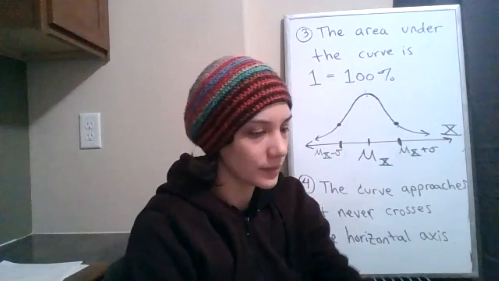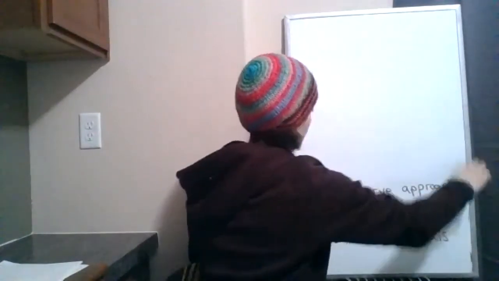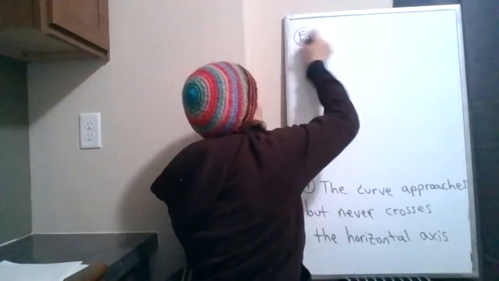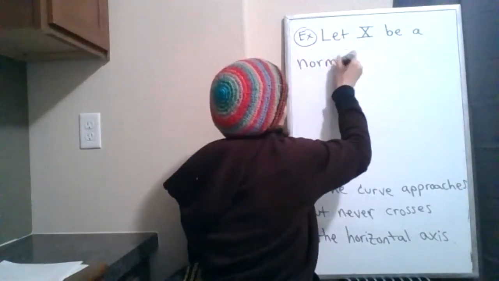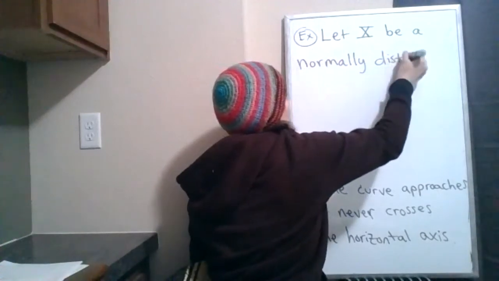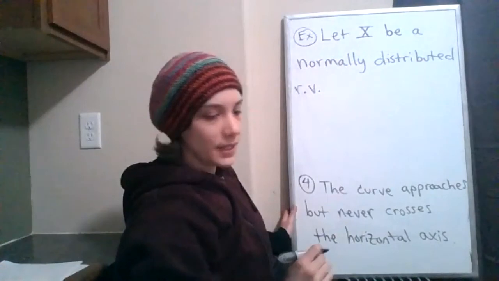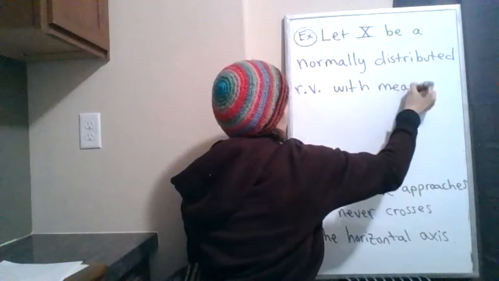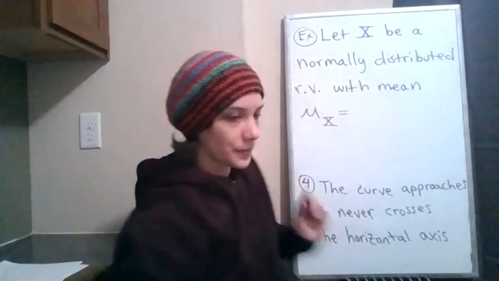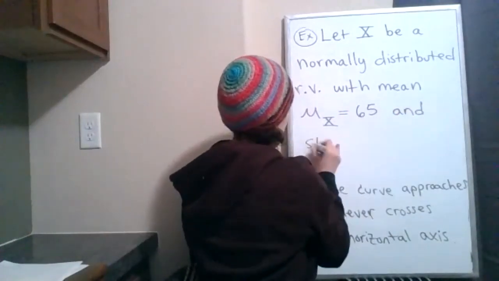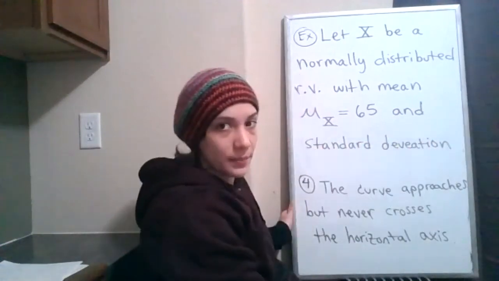Let x be a normally distributed random variable with mean mu sub x equal to 65 and a standard deviation sigma equal to 10.